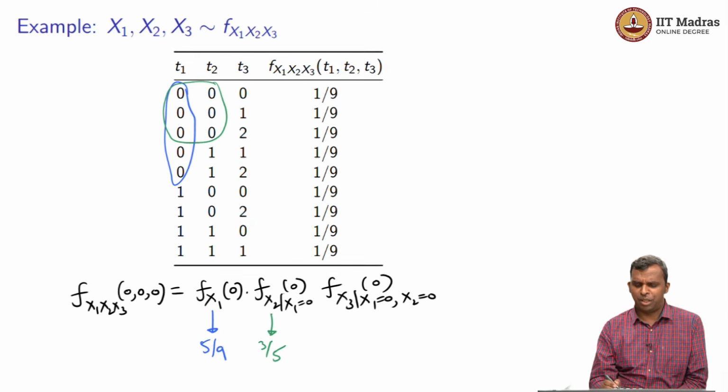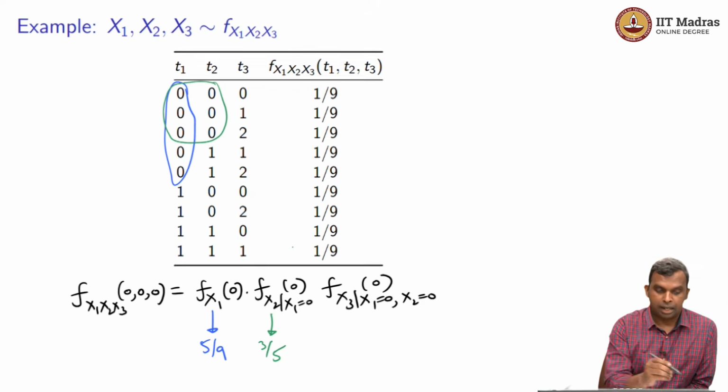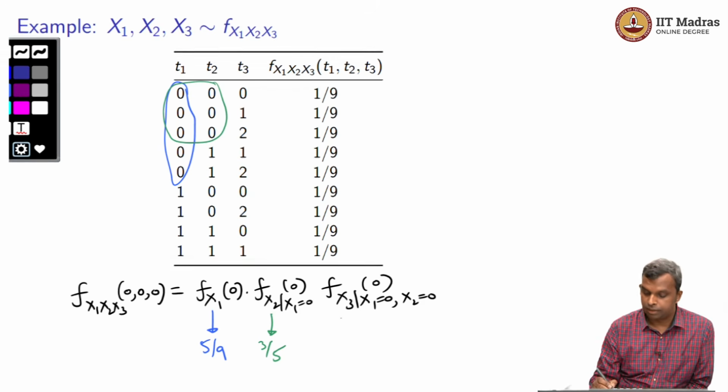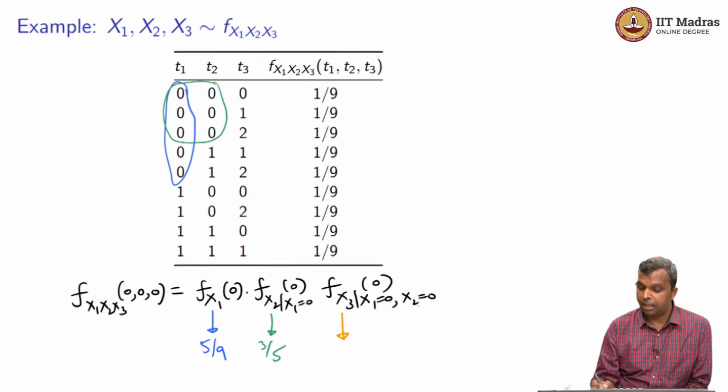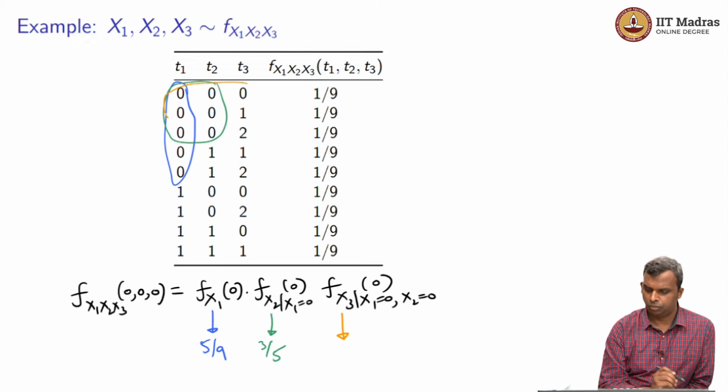You can divide carefully if you want: you divide by 5 by 9 and the numerator is x1 and x2 both being 0, the joint PMF, that is 3 by 9, so you will get 3 by 5. And then let me pick my third color for this. x3 given x1, x2 is 0, and that is just, yeah, I think it is this one.